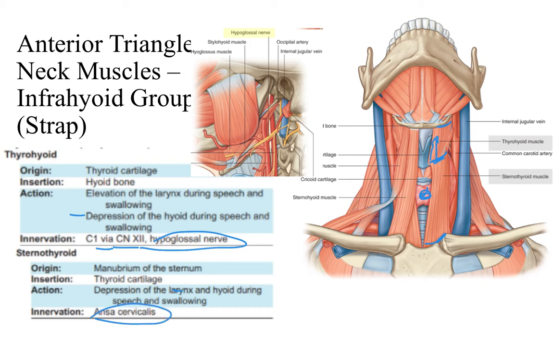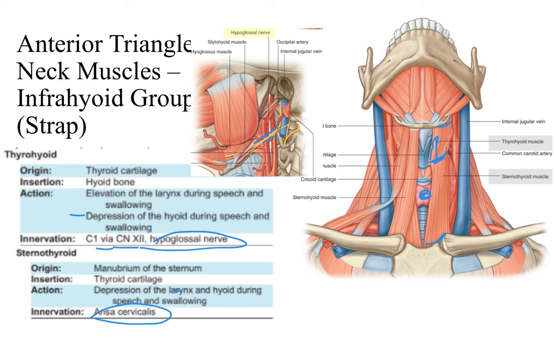Now, what does that mean, that C1 via the cranial nerve 12, the hypoglossal nerve? So here we see the hypoglossal nerve. It's the one that's more superior that I have in blue here. And then below it you see a thinner nerve.